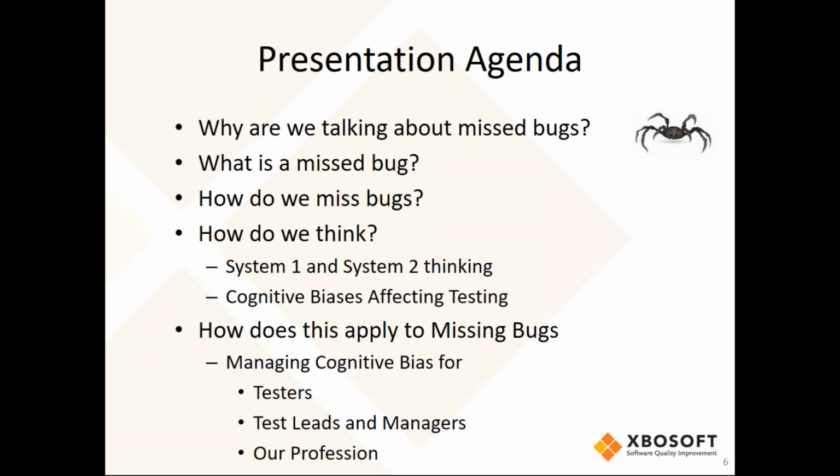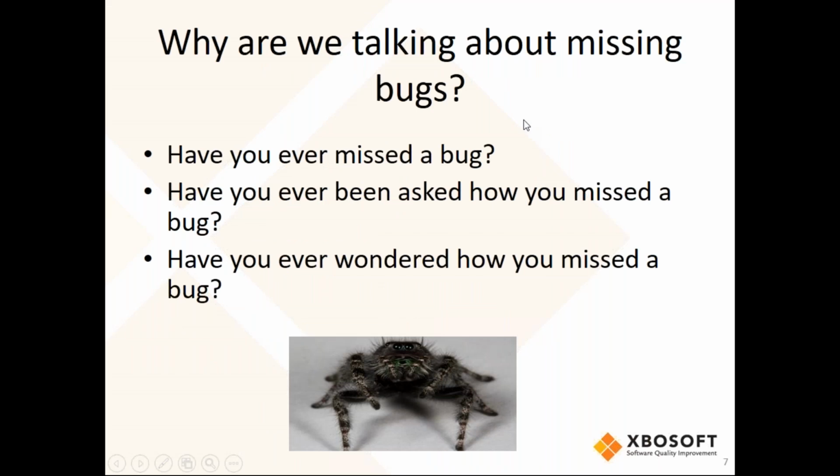And we'll talk about cognitive biases, how that affects testing, and we'll apply it all to missing bugs and how we can manage our cognitive biases as testers, as test leads and managers, as well as a profession as a whole.